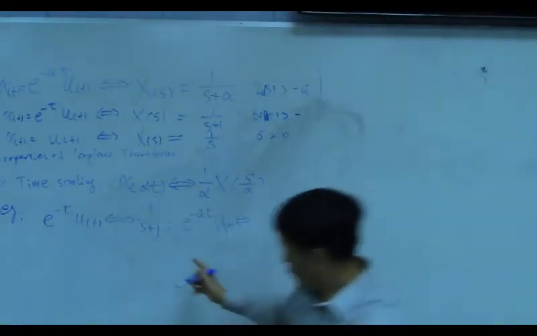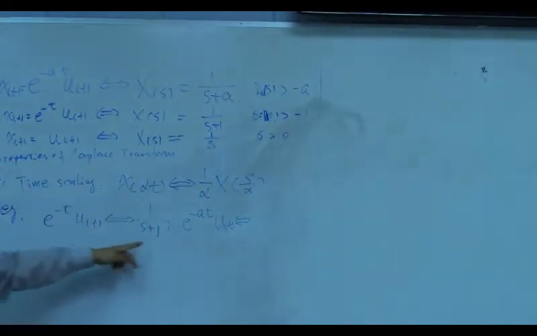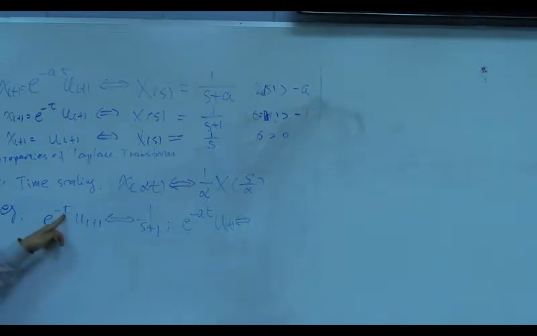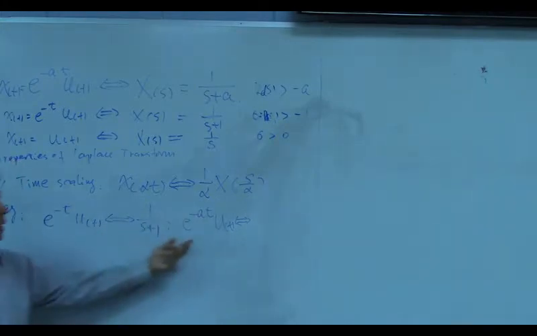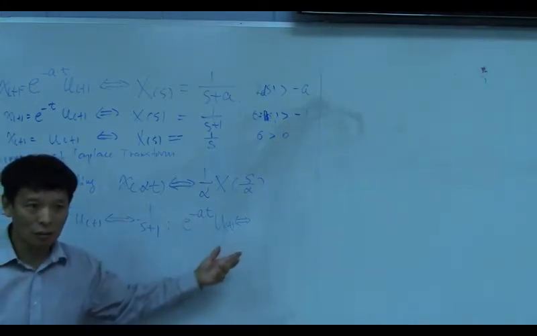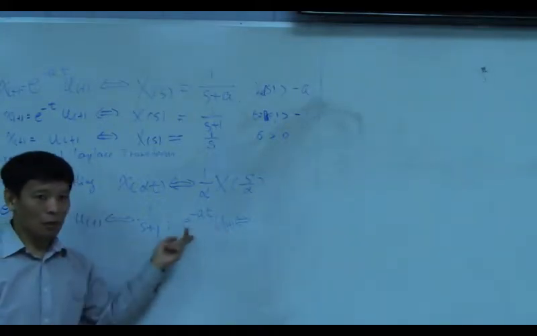I tell you the Laplace transform of this equals this. What I want is this one multiplied by a, but multiplying this one by a is the same thing, so I just don't write that a. Then what is the Laplace transform of this function? Use this property here.